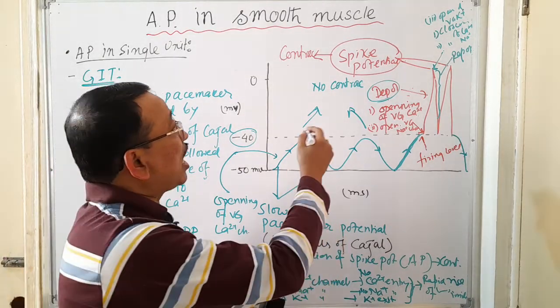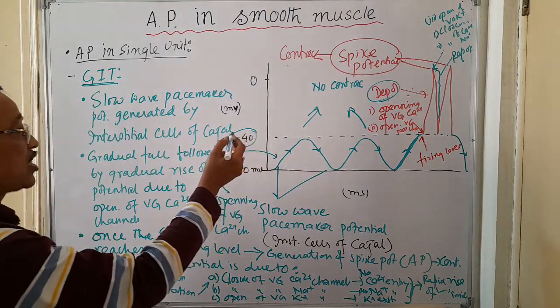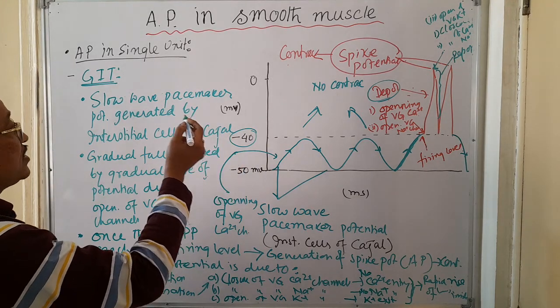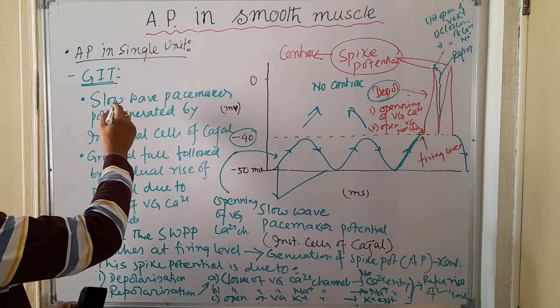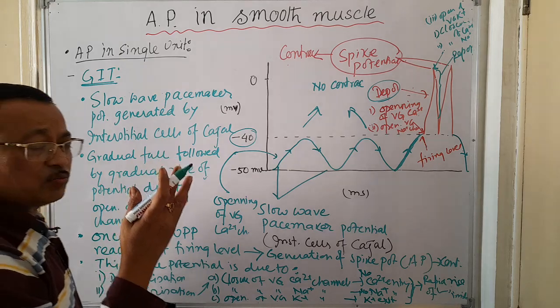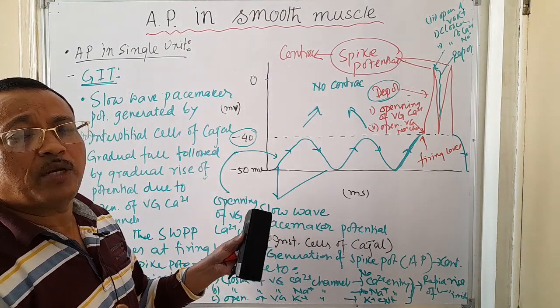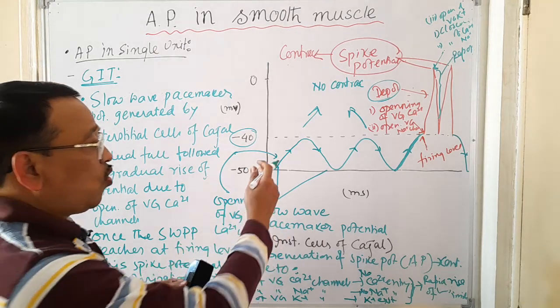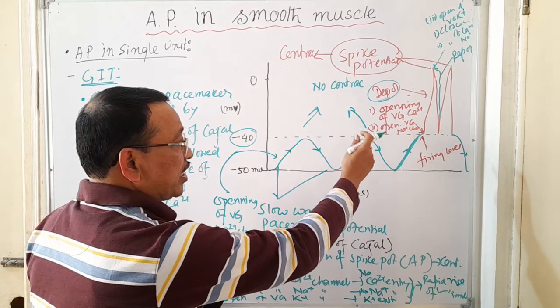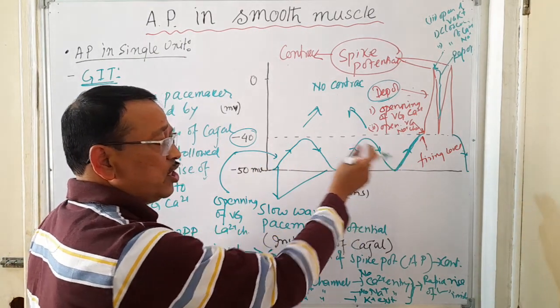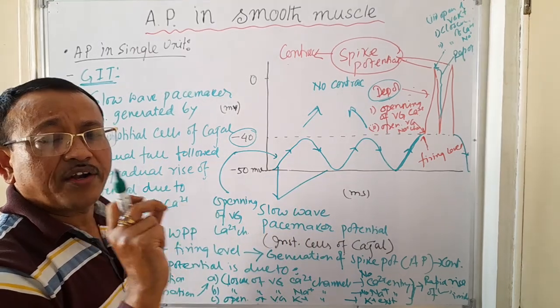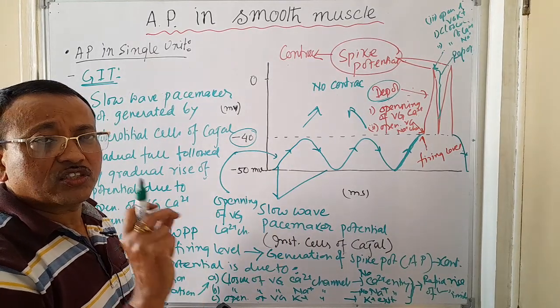And this is about the action potential that is seen in the gastrointestinal tract. That means the smooth muscles of the GIT have two types of membrane potential changes. One is the slow wave potential, which is spontaneous and doesn't cause contractions of the GI tract.